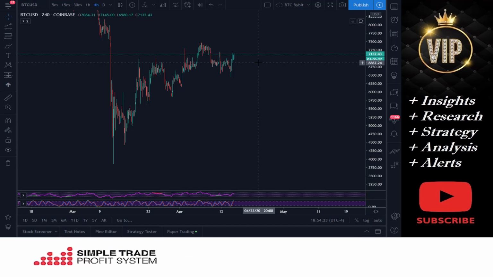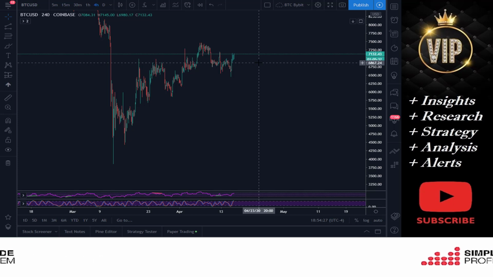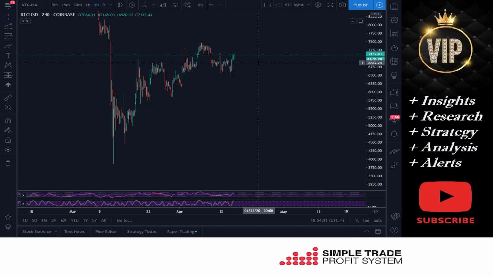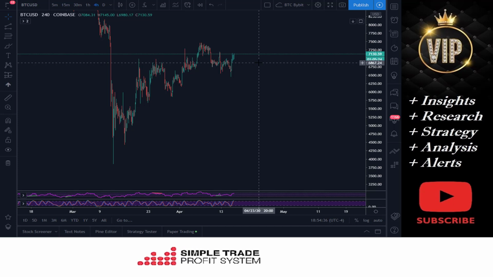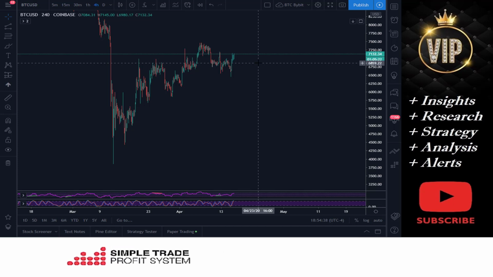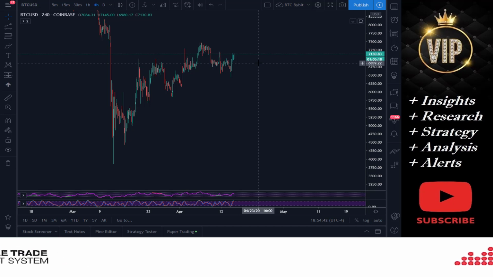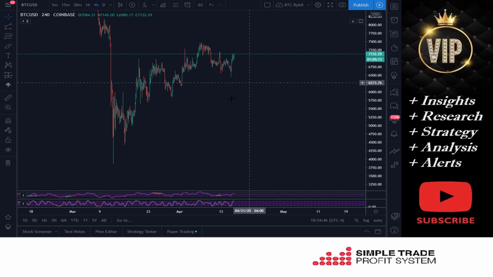Let's say you're going to buy off that support and you have 4 things showing you that support, or flip it around, resistance. If you have horizontal resistance, you're at the top of a trend line, you have an EMA up there, and you have one of your Fibonacci levels that has shown to be resistance in the past, well, then that's a low risk to reward trade if you're looking to short. So it's definitely something you can throw into the arsenal and use.